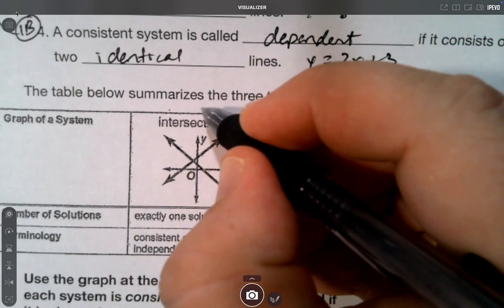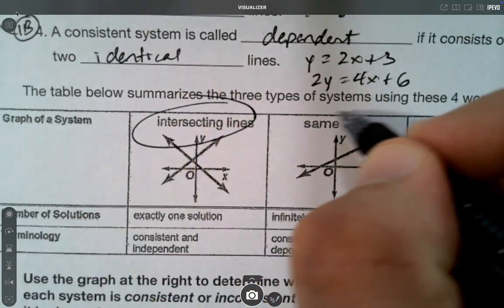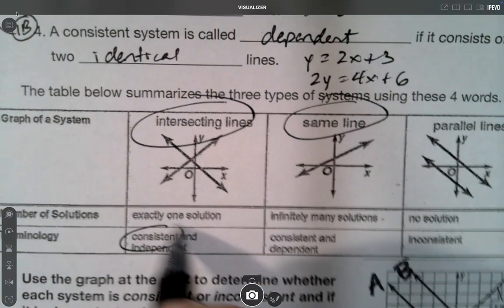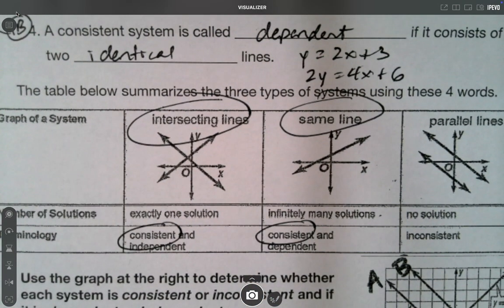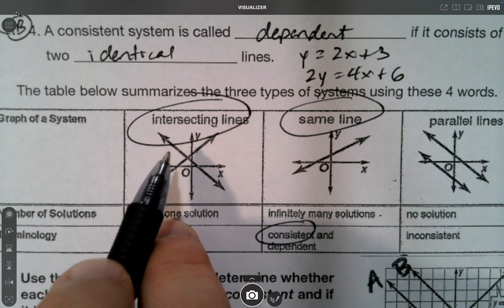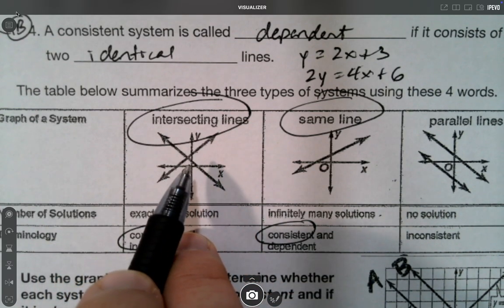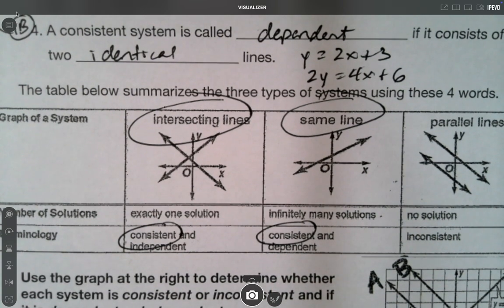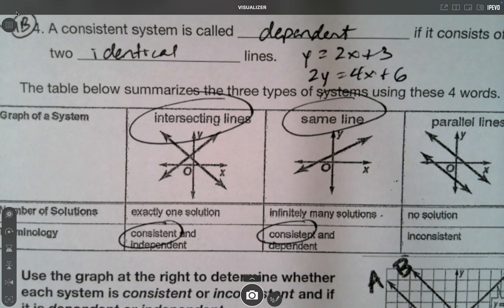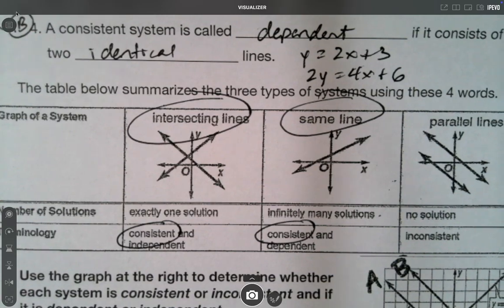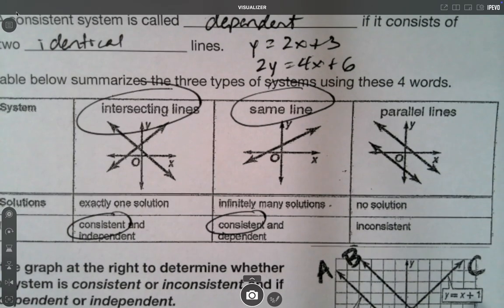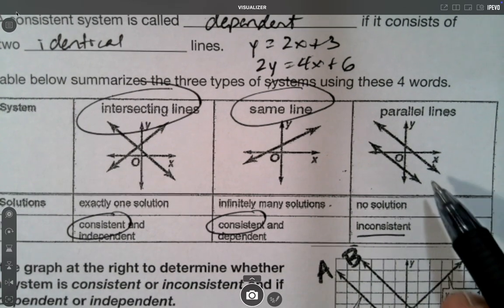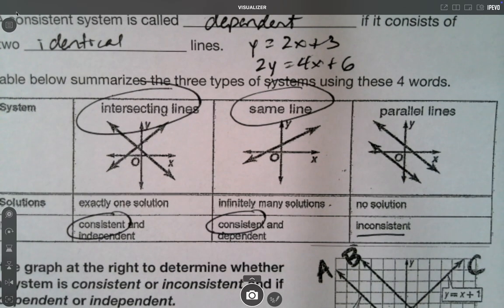So both of these two are consistent. It can be two different lines that meet in one point, or it can be two equations that are actually the same line, in which case they meet at every point on their line. And then the other category is inconsistent because it's two parallel lines that never meet.